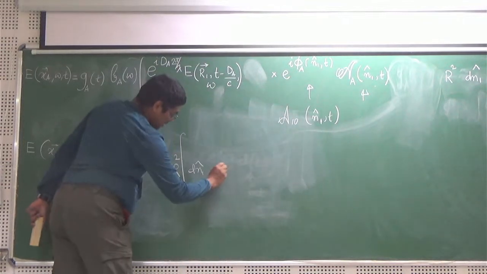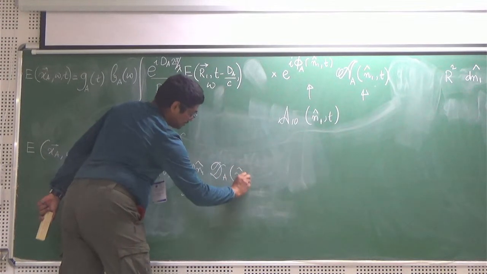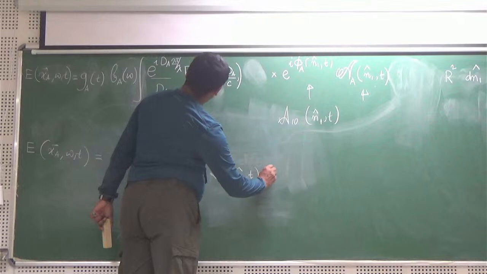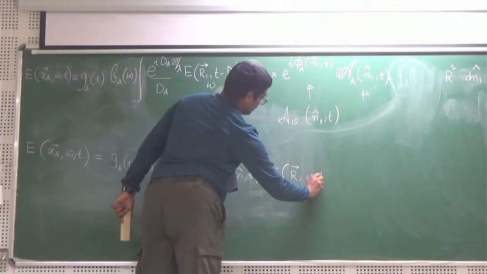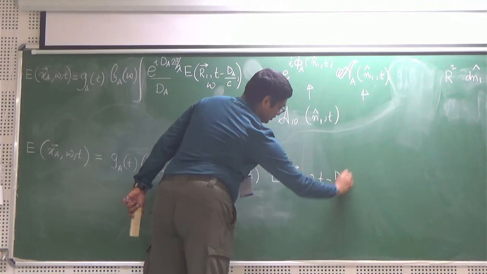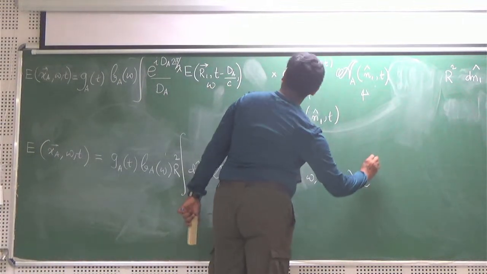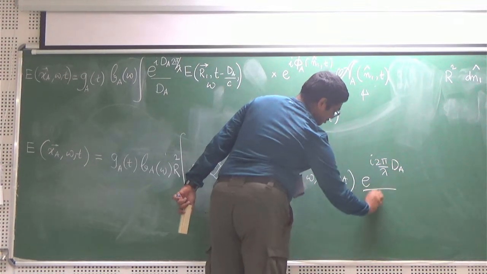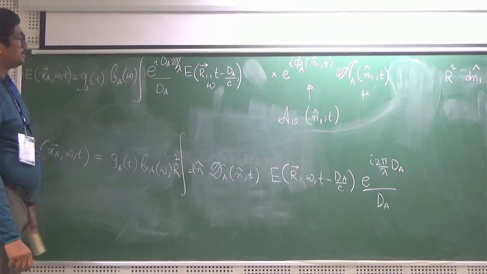These two combined, I will write with tilde curly d, which is a function of n cap and t. And the rest is c, r omega t minus dA by c. I think that's it. Right?